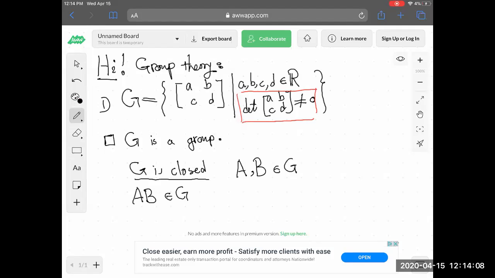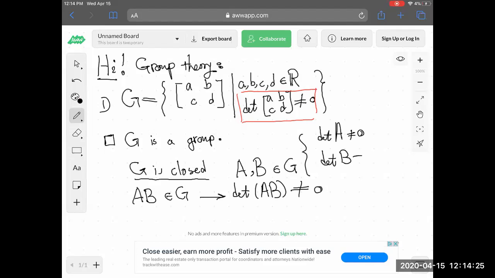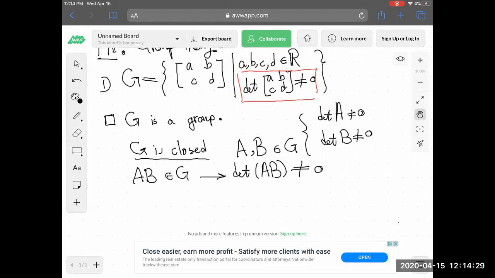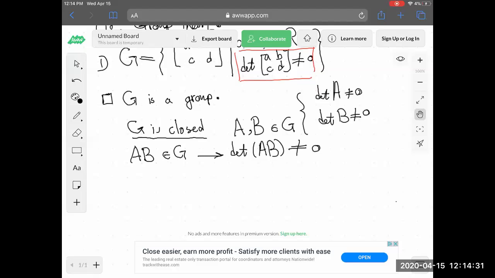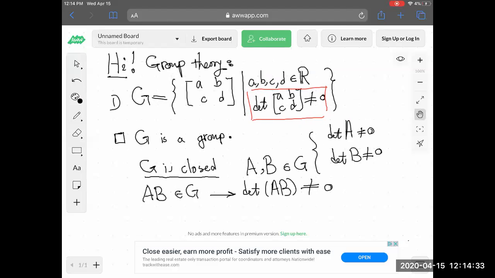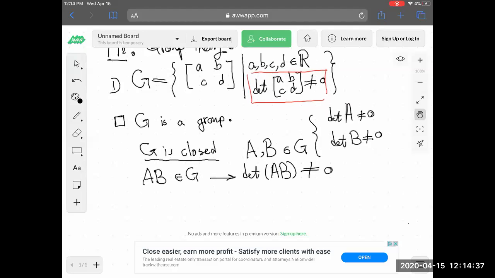So I need to show determinant of AB is not 0. We already assumed A and B are in G, which means determinant of A is not 0 and determinant of B is not 0. That's the assumption, and I want to show determinant of AB is non-zero.